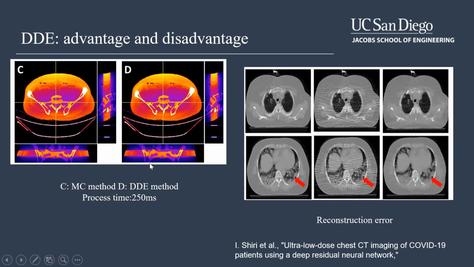However, on the contrary, it has its own disadvantages. Displayed on the right, image errors occur with the neural networks. In the example of the lung image, at the point where the red arrow is pointing, we can see that in the original one, it looked like branches, but in the predicted one, they look combined together.